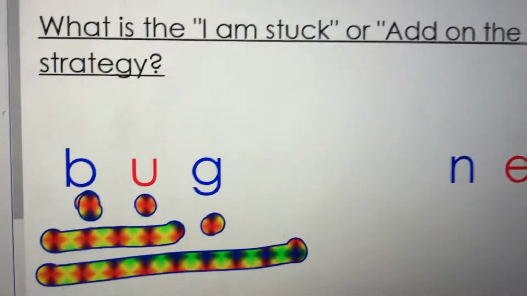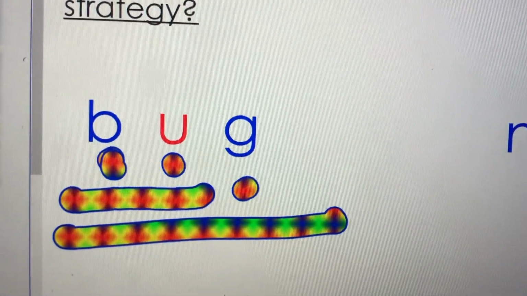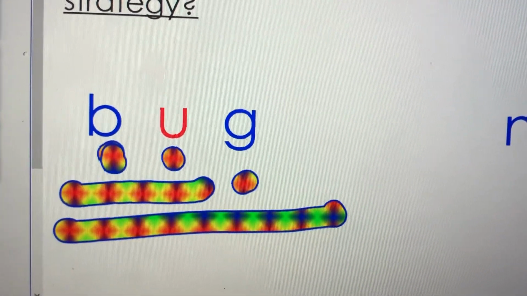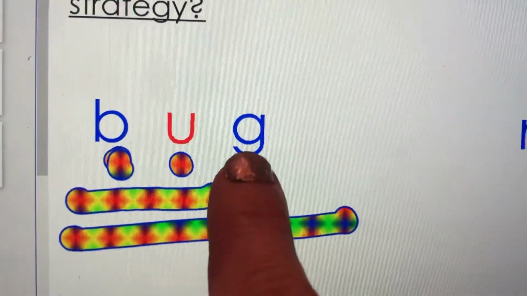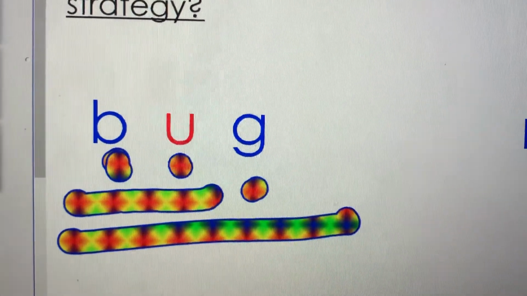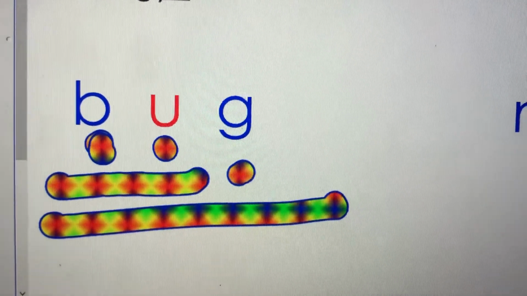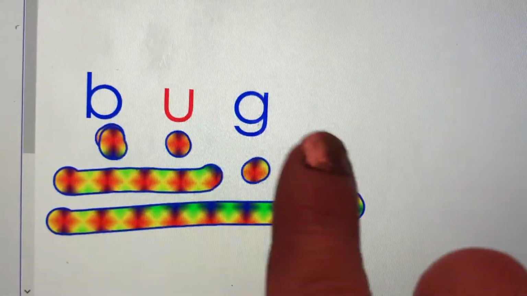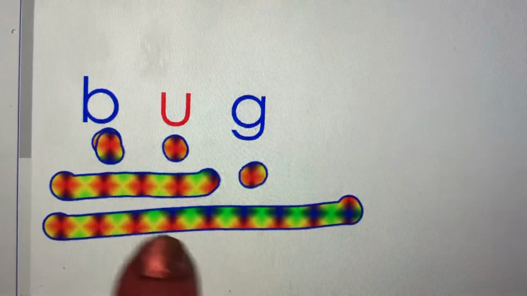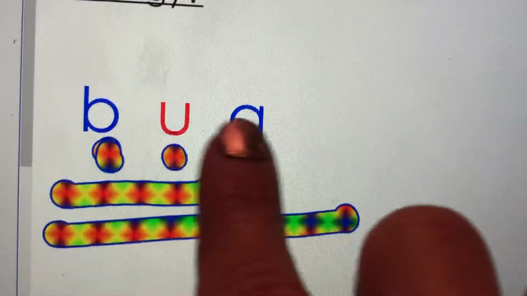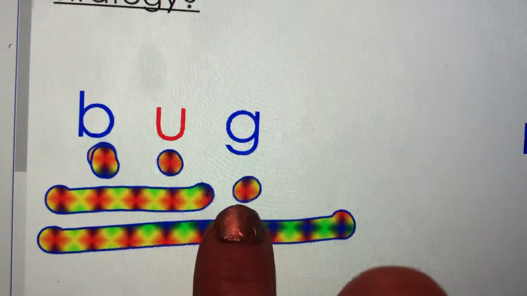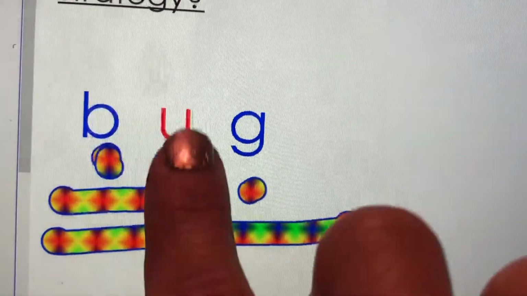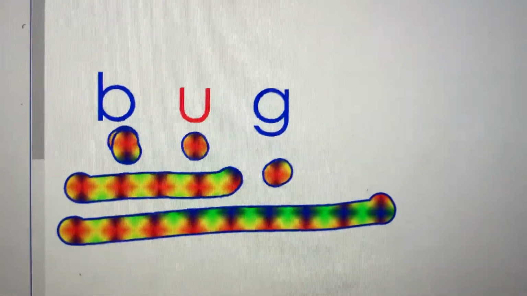Okay, so maybe if your child's still beginning, middle, end of kindergarten, and they're just learning how to put the letter sounds together to blend and read whole words, this might be a really good strategy to start with if they're first learning, okay? And then when they're ready, they can move from this extra step, the add on the ending or the I'm stuck blending strategy, into just the tap and sweep blending strategy.